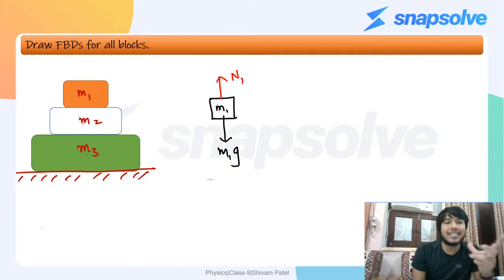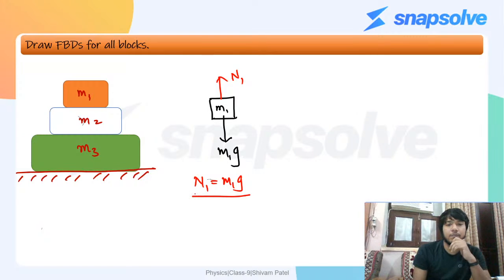And now as the body is at rest, you can say that N1 will be equal to m1g. Any doubts in here? Now see, let's draw the free body diagram of M2. For M1, it is done. Only two forces are acting on M1. One is weight, m1g downward, and the other is the normal reaction force from M2.